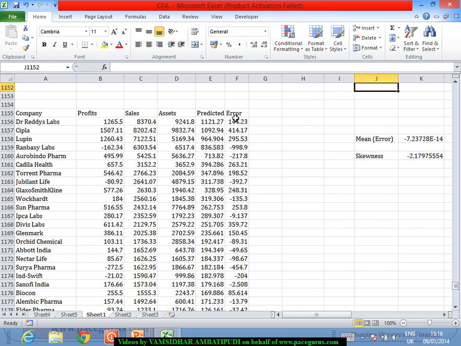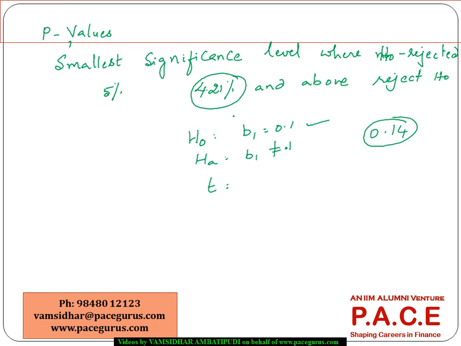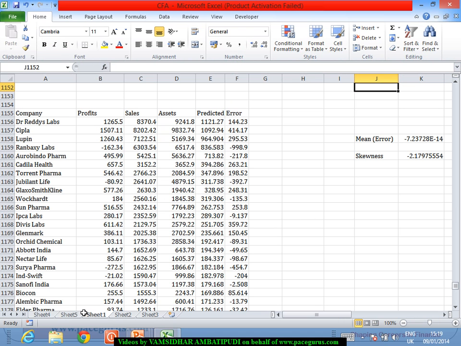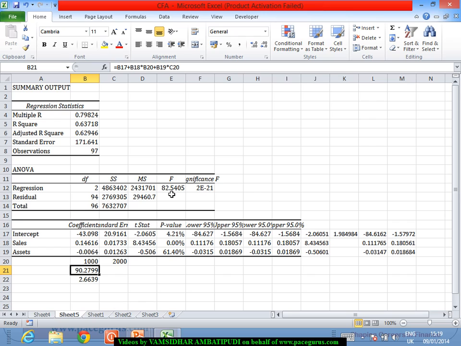Then, if I have to test the overall significance of the entire model, the total goodness of fit, as we have seen earlier, I will depend again on the ANOVA analysis, which is more or less similar to what we discussed in the simple linear regression model.